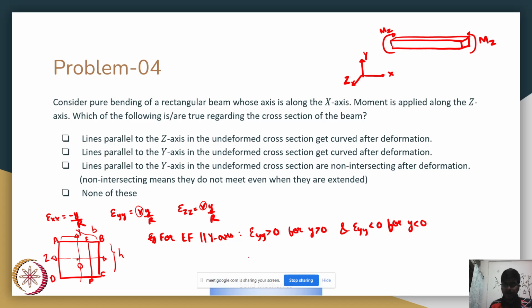We can integrate epsilon yy to figure out displacement uy between points E and F, and we see that the length of EF remains unchanged.